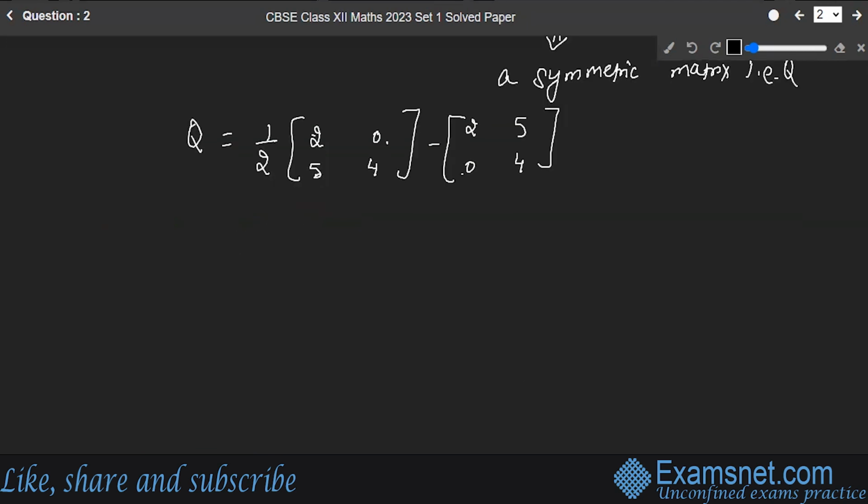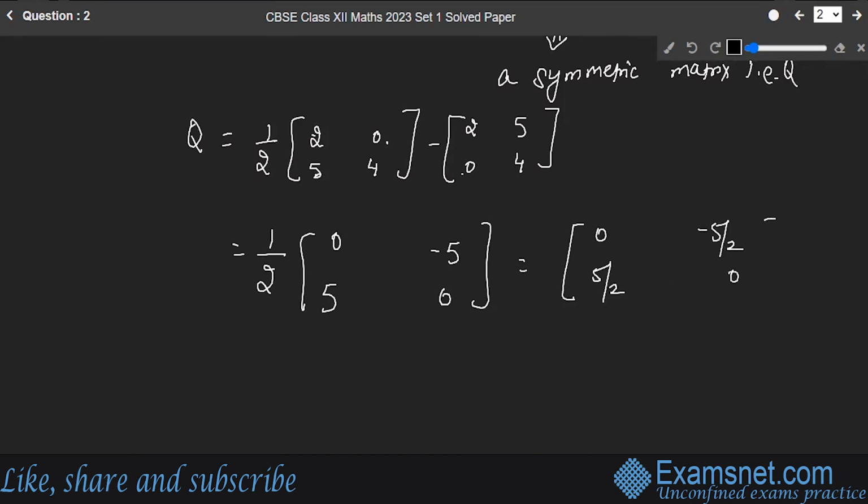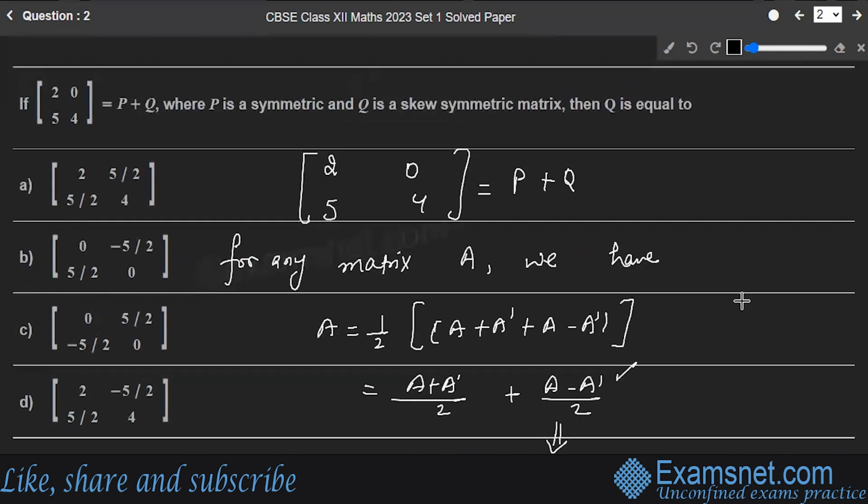So that's 1 by 2 times: 2 minus 2, that gives you 0; 0 minus 5, minus 5; 5 minus 0, 5; 4 minus 4, 0. So that's going to give me 0, minus 5 by 2, 5 by 2, and 0. That's the value for Q. So we have option B as the answer.